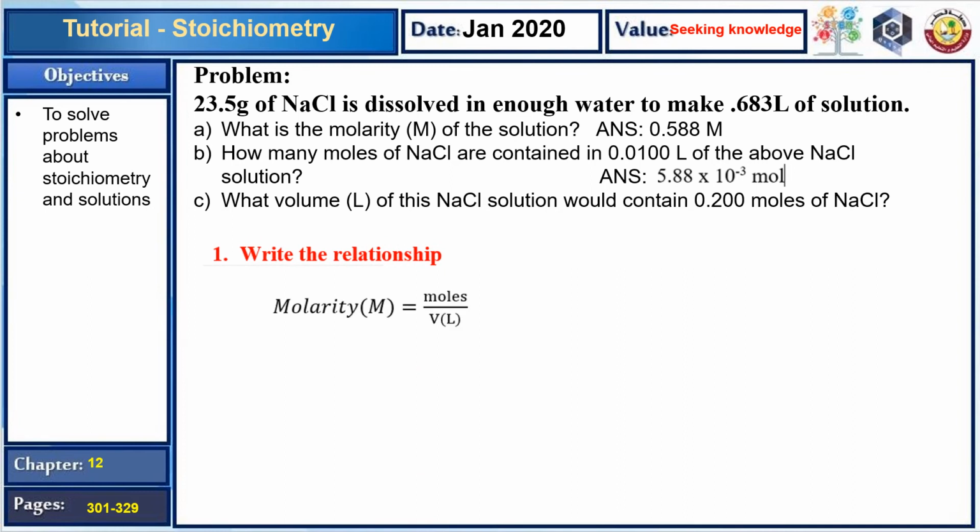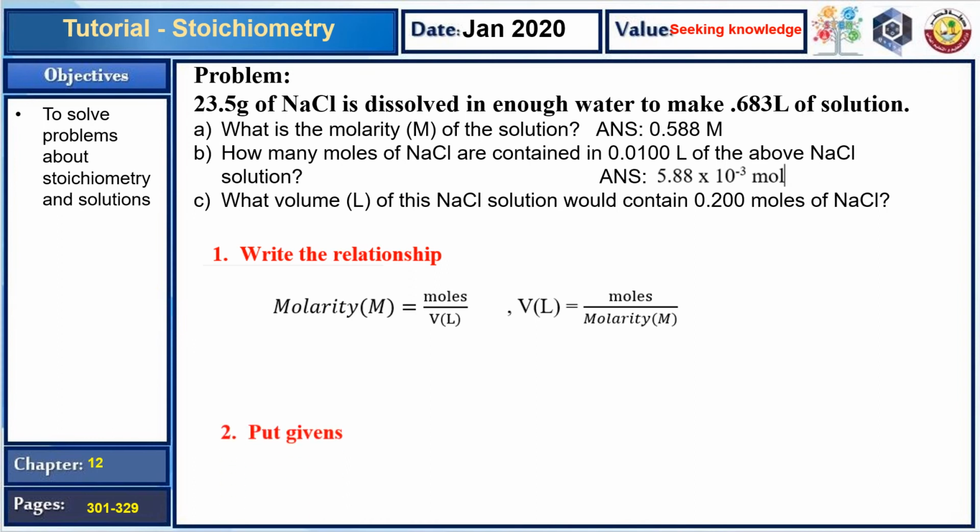Same relationship, molarity is equal to moles per volume. Here we need to find volume, that's why we can rewrite our relationship as volume is equal to moles over molarity. Same relationship but written in a different form to make our calculation easier.